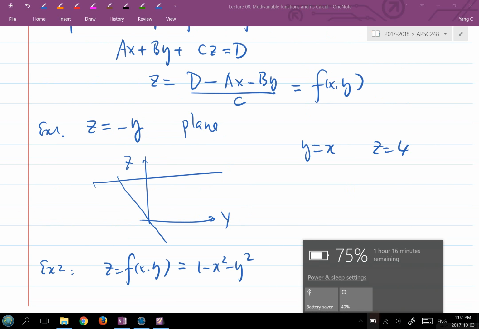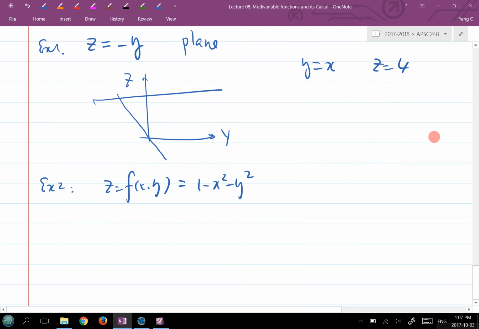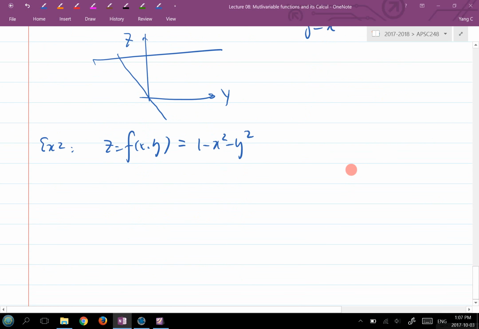So what does it look like then? One way you can imagine this is, if you look at z equal to 1 minus x squared minus y squared, x squared plus y squared is a quantity that is always greater than or equal to 0, and then you have 1 minus that positive number. So the maximum number for z must be, what's the maximum number for z here? 1, right?